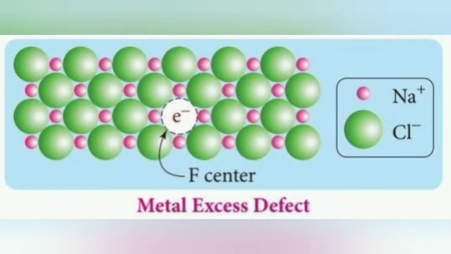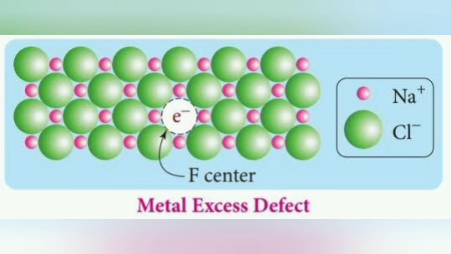For example, when sodium chloride is heated in an atmosphere of sodium vapor, the excess of sodium atoms deposit on the surface of sodium chloride crystals. Chloride ions, that is Cl⁻ ions, then diffuse to the surface where they combine with sodium atoms, which become ionized by losing electrons.